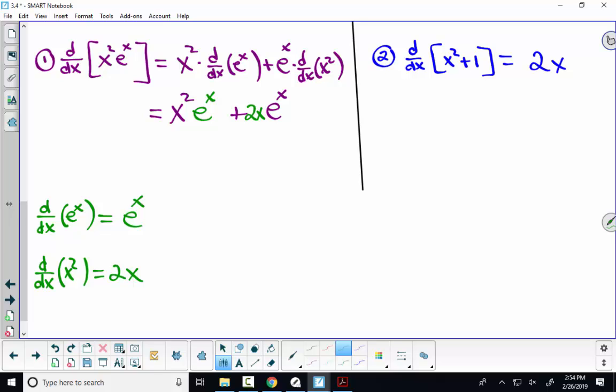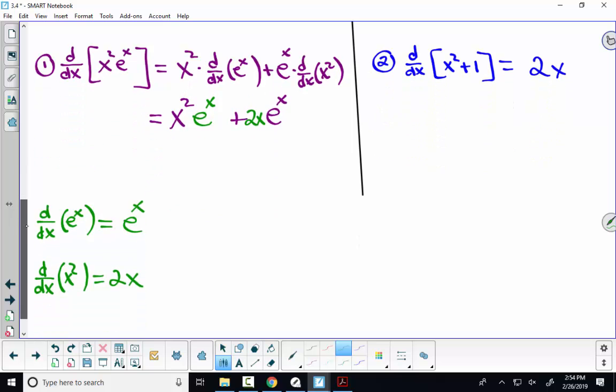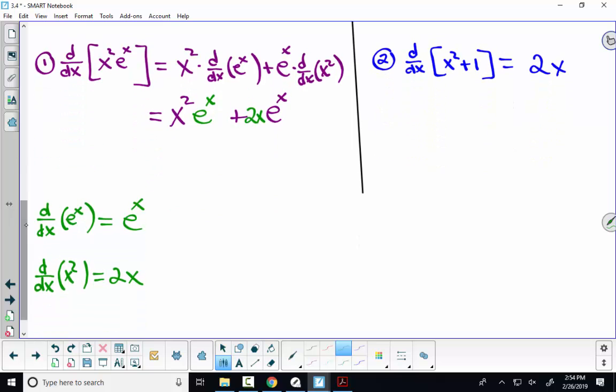So don't lose track of where we're at. These two derivatives were part of this product rule. Now, this product rule that we've computed here was part of our quotient rule above. So then we're just going to put this in place. Does everybody have what they need before we go back up, or do you need a minute?